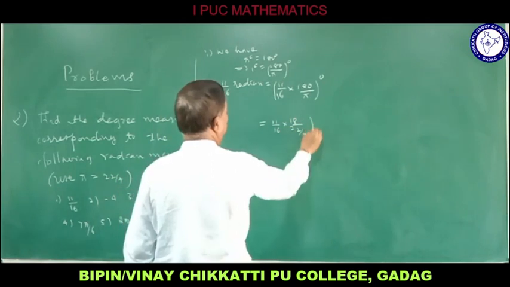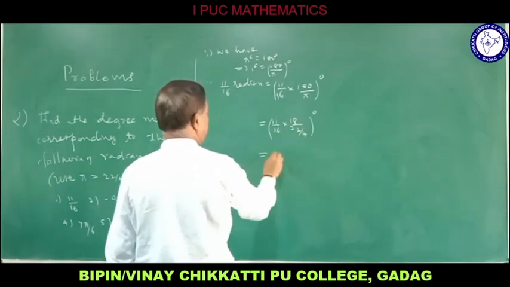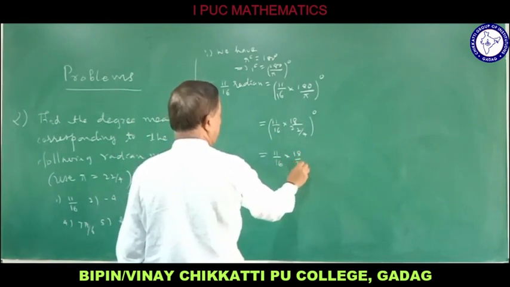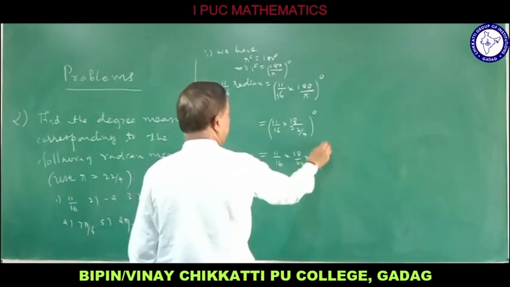So this is 11 by 16 into 180 by 22 into 7 degrees.